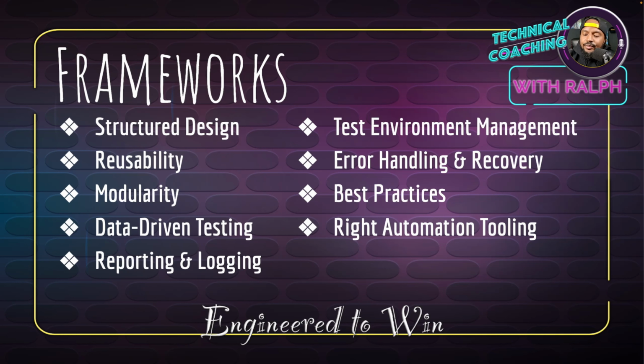Structured design. The good thing about a framework is you're able to separate things that are similar, right? So you don't have spaghetti code where things are integrated all over the place and it's hard to figure out what's going on. It's very well designed so that, for instance, let's say you're doing a UI testing framework, right? And maybe it includes an API framework as well.